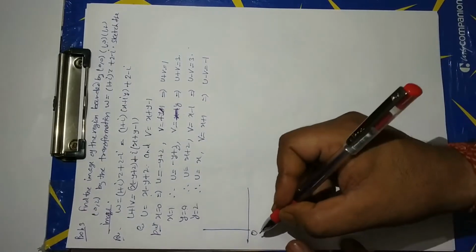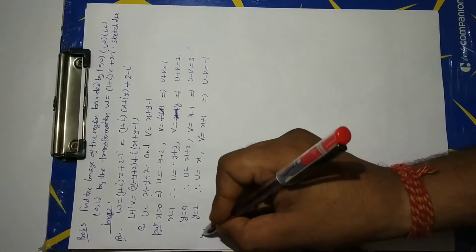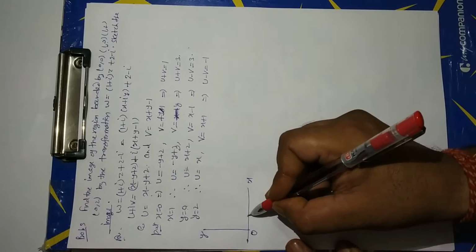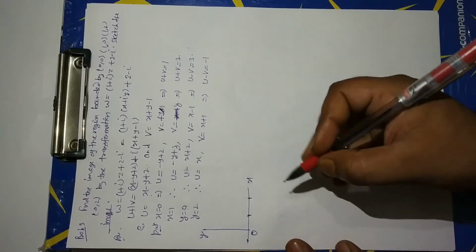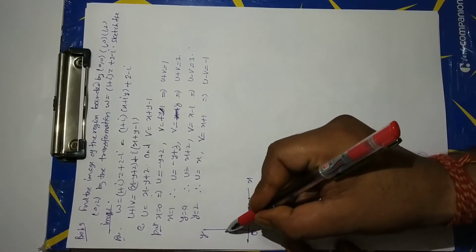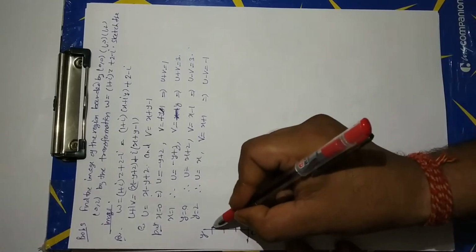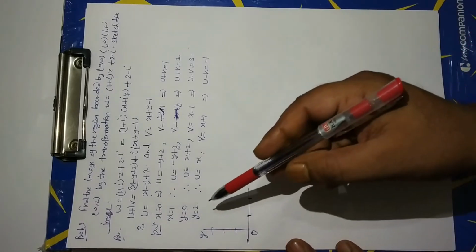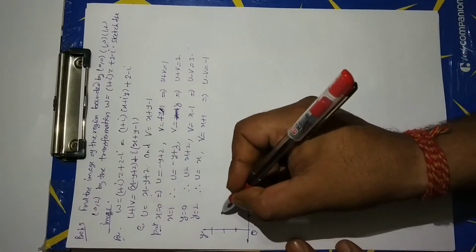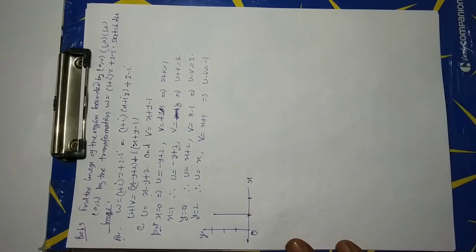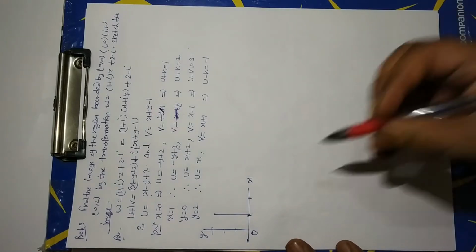This is the origin, this is the x-axis, y-axis. We draw x is equal to 1 and y is equal to 2.